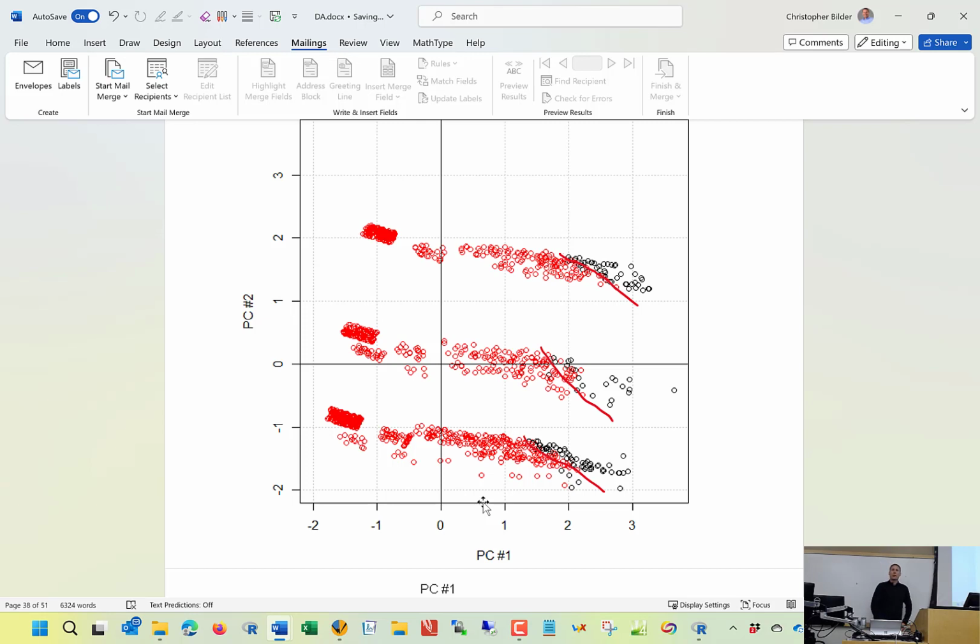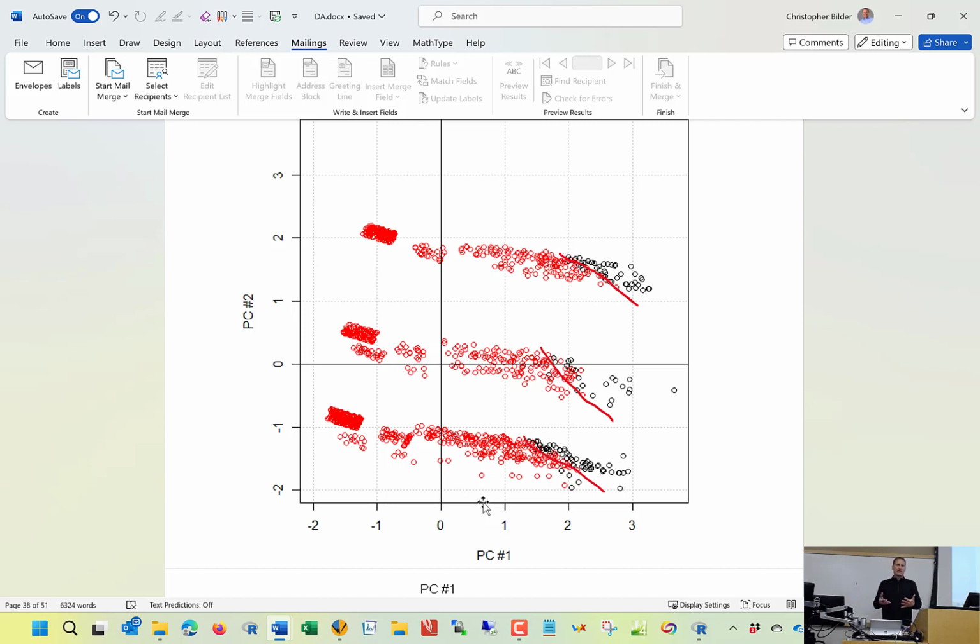Remember what PC number 1 corresponds to. One particular component that's very important is the distance of the place kick. The larger the PC number 1 value, the larger the distance of the place kick. So in order to explain what the method is doing, think of it from a point of view of writing a paper: you're going to say, well, discriminant analysis tends to predict the much longer place kicks as failures.